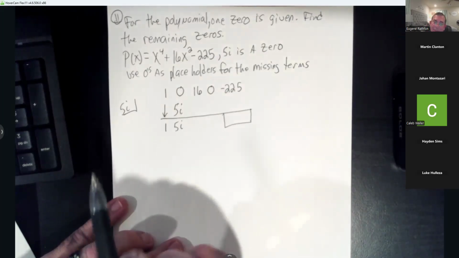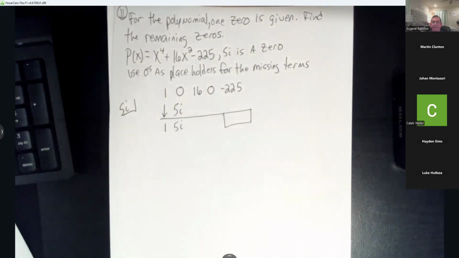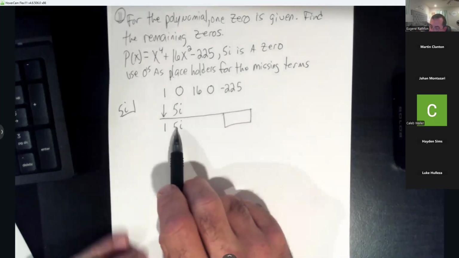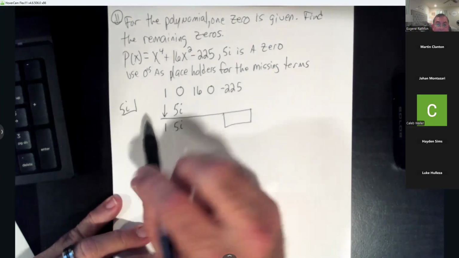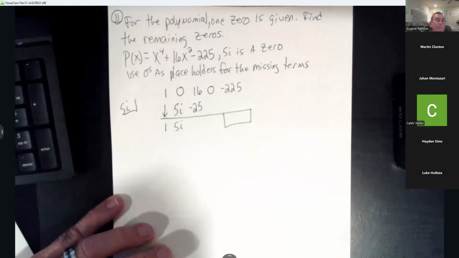So do y'all want to guess what that equals? 5I times 5I. So that is a 25I squared. But y'all remember, I squared equaled negative 1. So that means 5I times 5I is going to give me a negative 25.